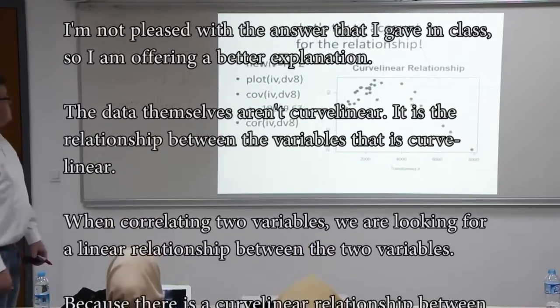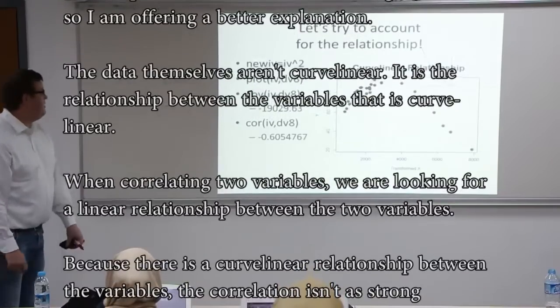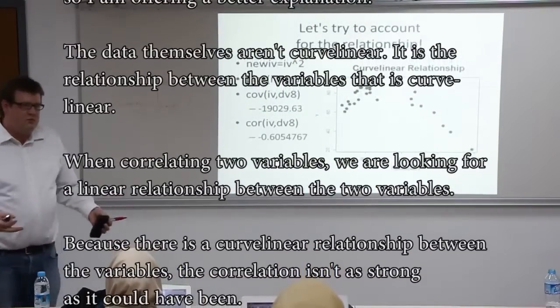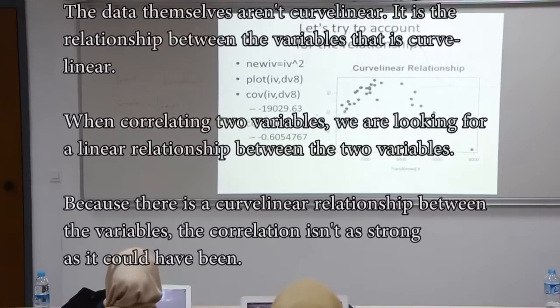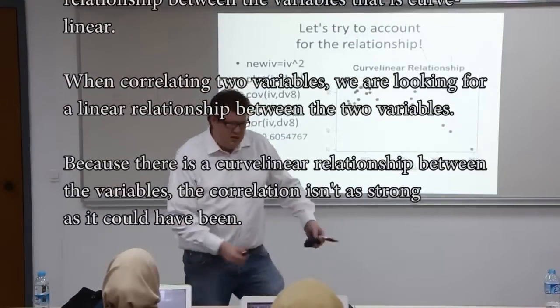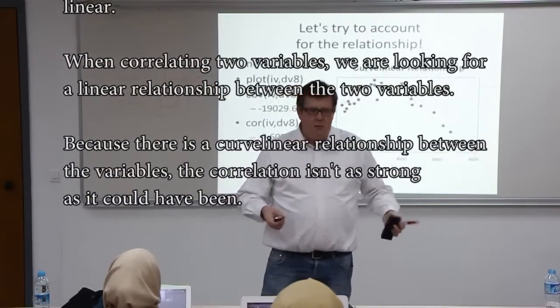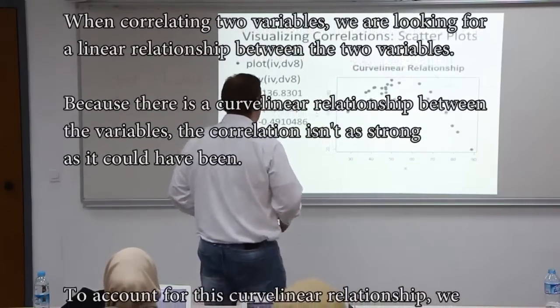Covariance was huge, negative 20,000 almost. Correlation was bigger, at least in absolute value, more strength. So, is there anything that we could do to make a new independent variable that would better fit the data? Let's go back and look at the data originally.